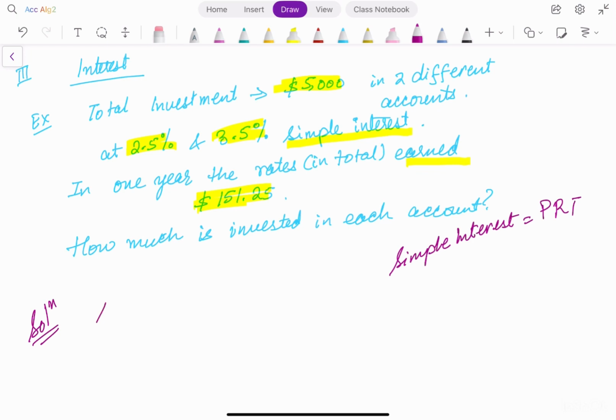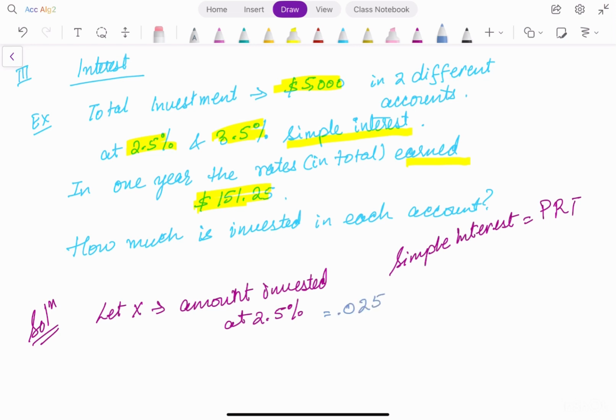So let's calculate the simple interest for the first one. But for that calculation, we need the principal. So let's say X is the amount invested at 2.5%, and 2.5% can also be written as 0.025.